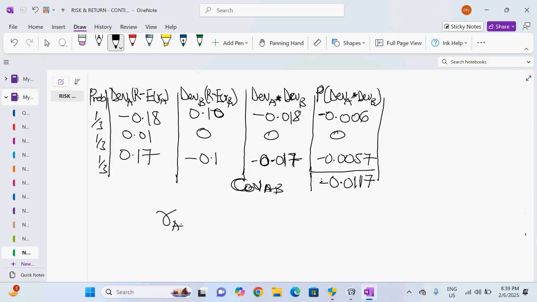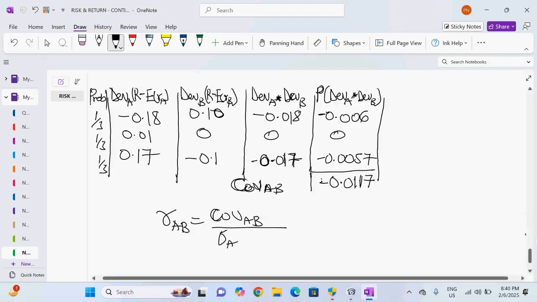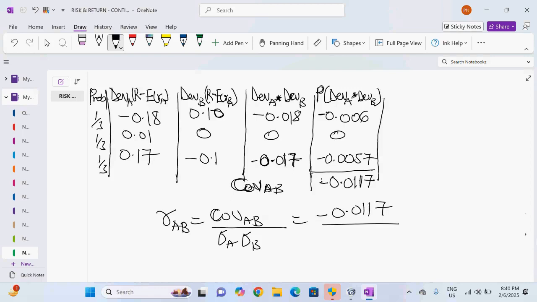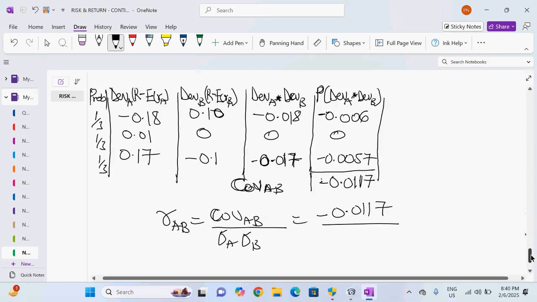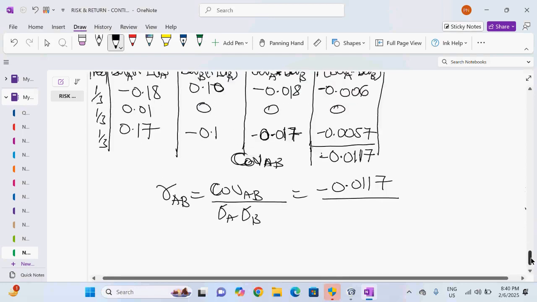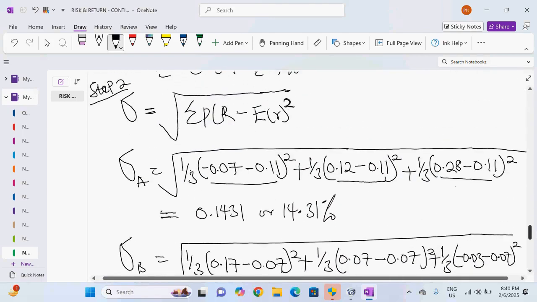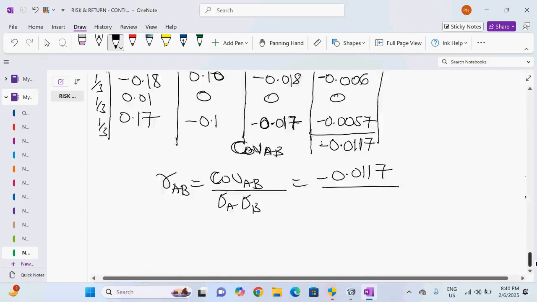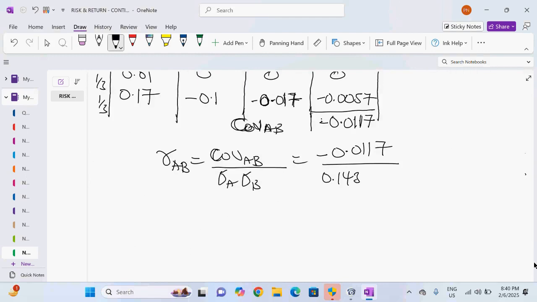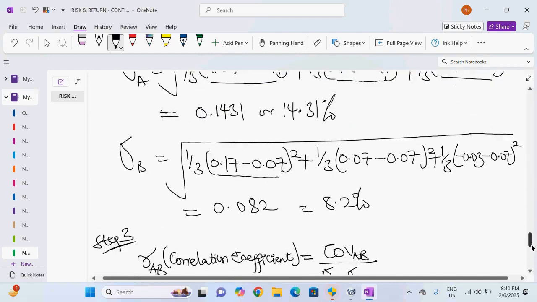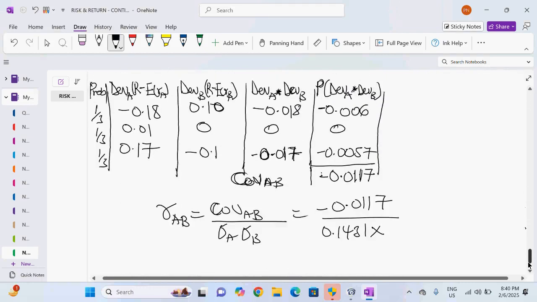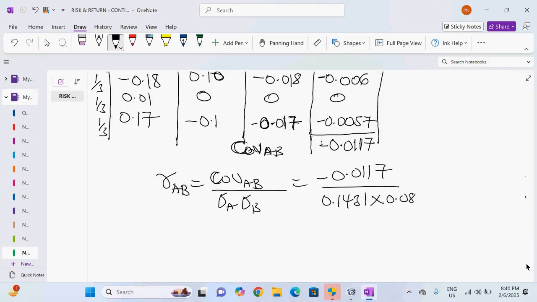Now the correlation coefficient, we know that it is the covariance over the standard deviation of A times the standard deviation of B. So that will be negative 0.0117 all over 0.1431 multiplied by standard deviation of B, 0.0826.